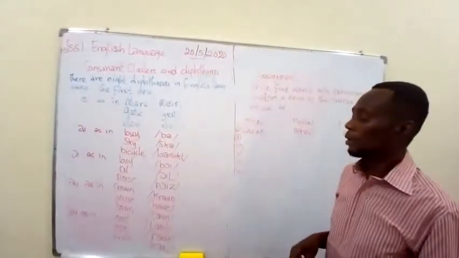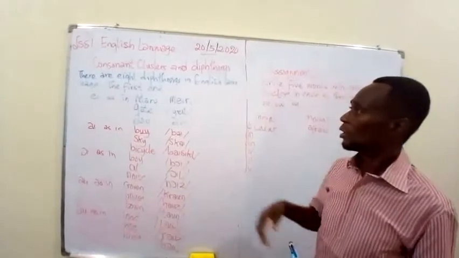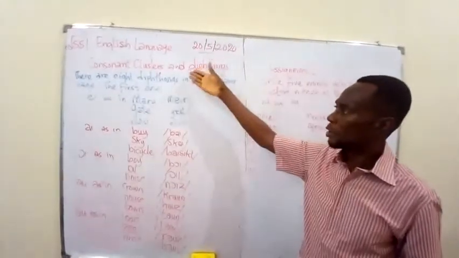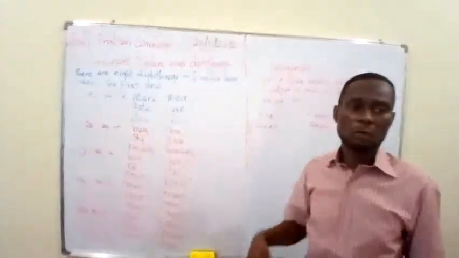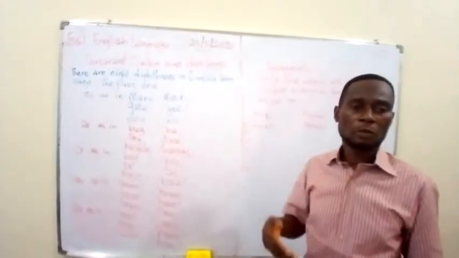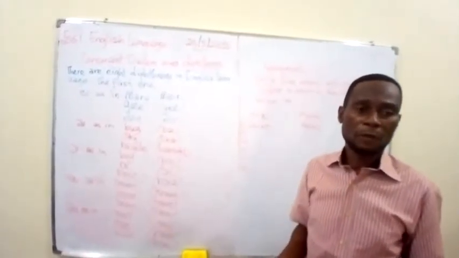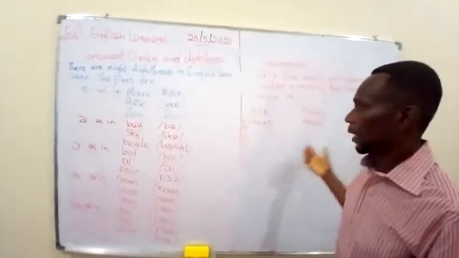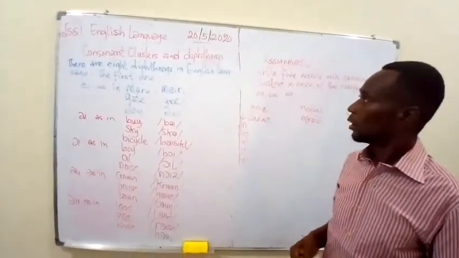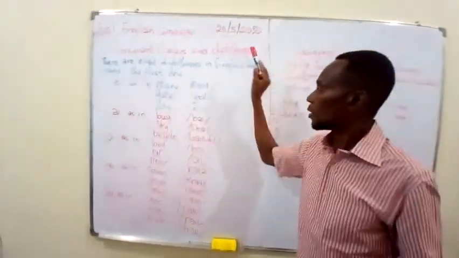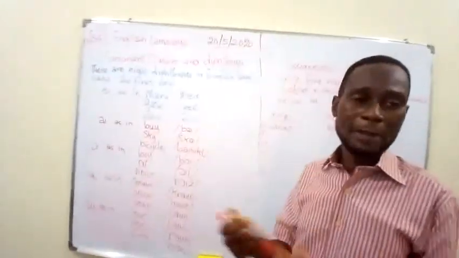So we now looked at the different positions of consonant cluster. It could be in the middle of a word, at the beginning of a word, or it could end a word, just like the example I've just given to you. Okay? So we now looked at diphthongs. Diphthongs simply mean when 2 vowels come together to make one sound.